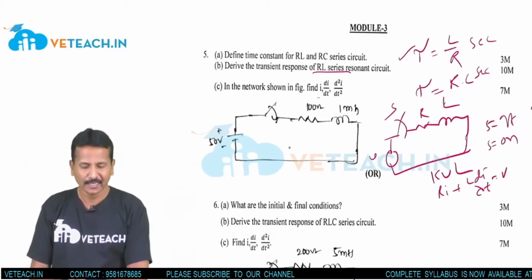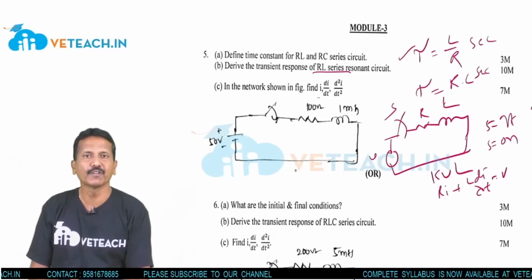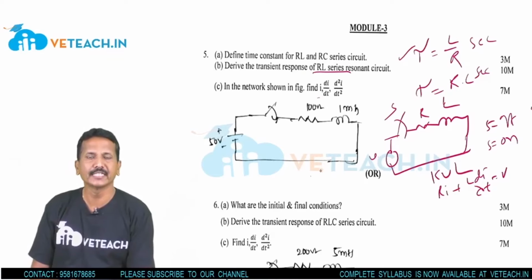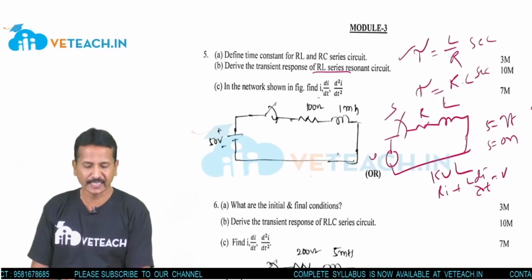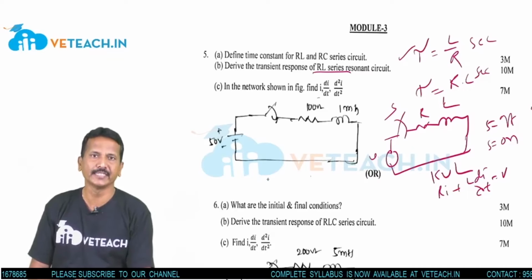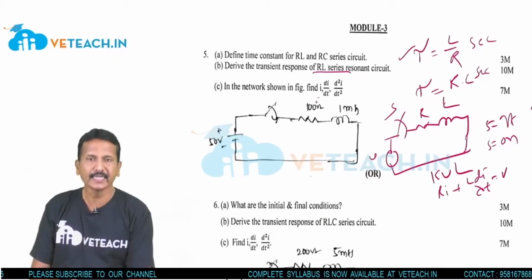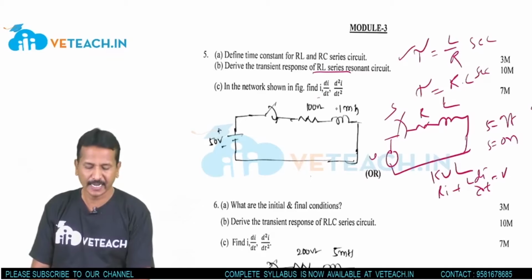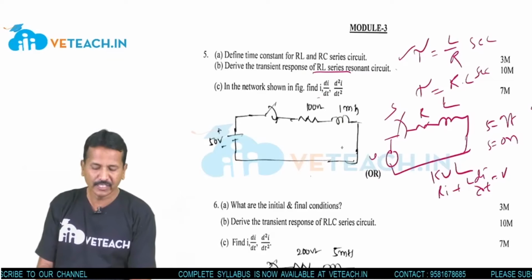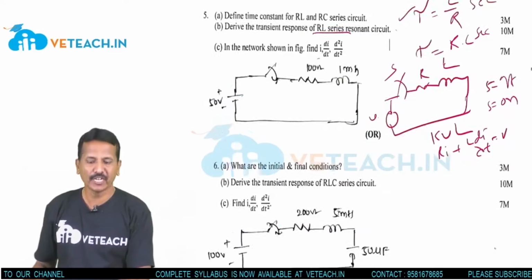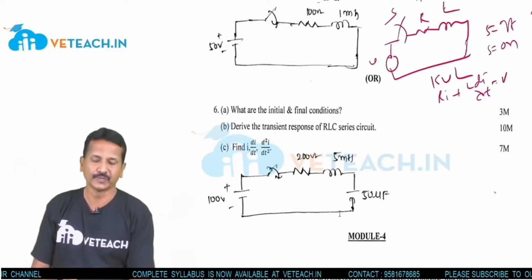The next one is to solve a problem on the transient response of an RL series circuit. He has given the R value and L value in terms of voltage, to find the current, the rate of change of current, and the increment of current. From the derivations we can directly substitute the values and find the result.